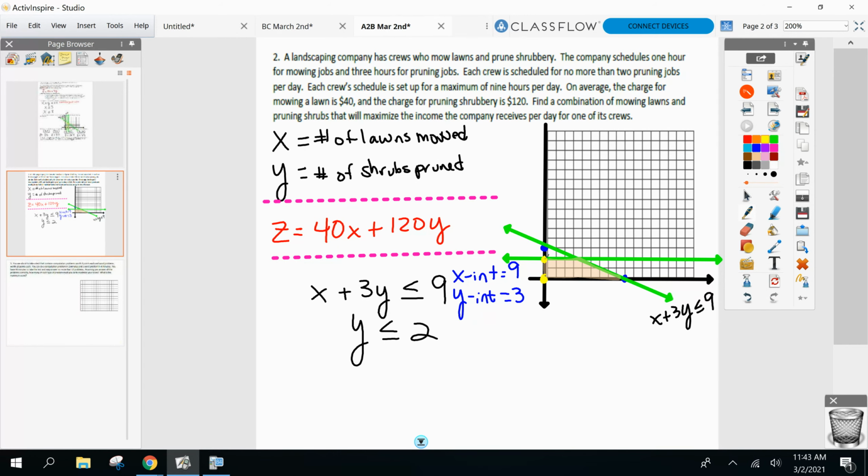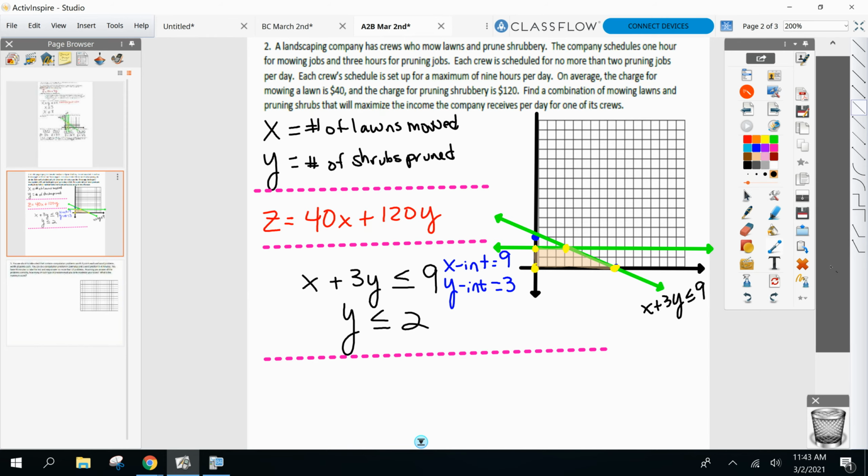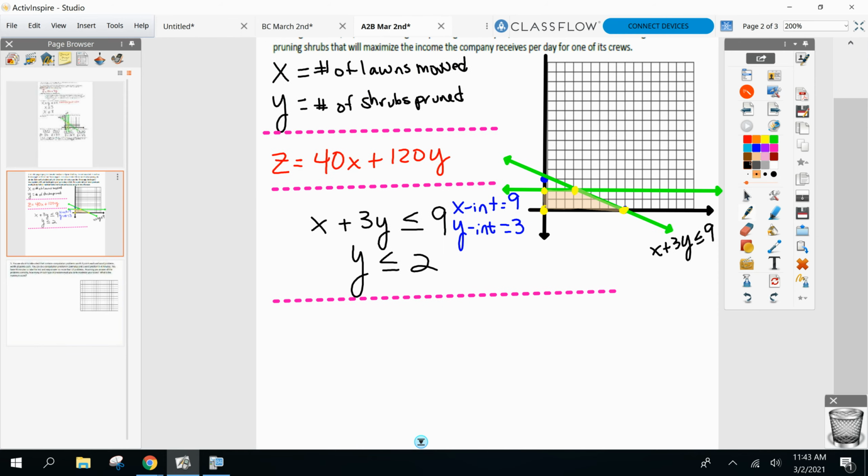1, 2, 3, 4 corners. Keep your work nice and neat, separated. And let me know what those 4 corners are.